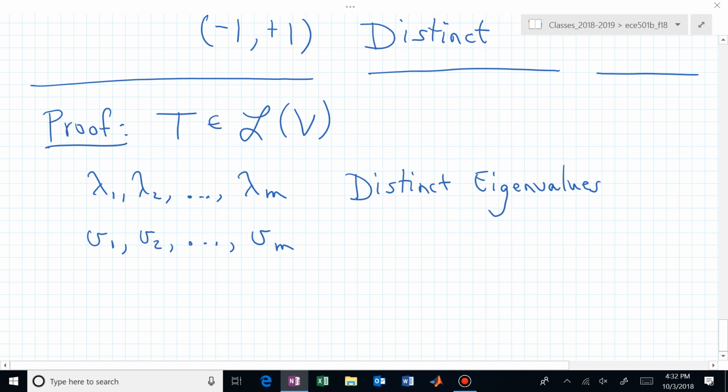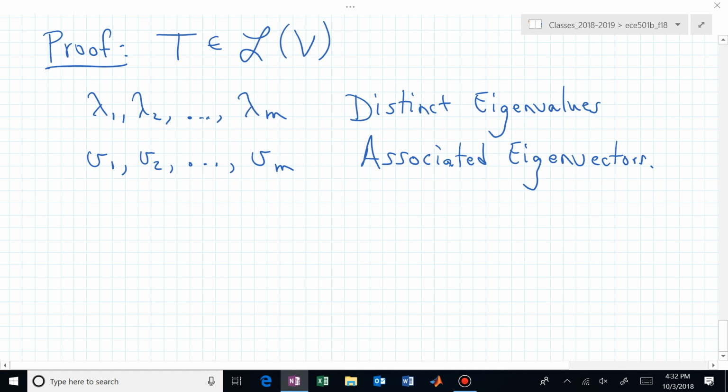So those are the associated eigenvectors. And just to be clear, m is less than or equal to n, where n is the dimension of the vector space V.